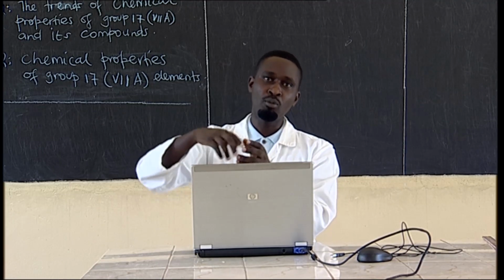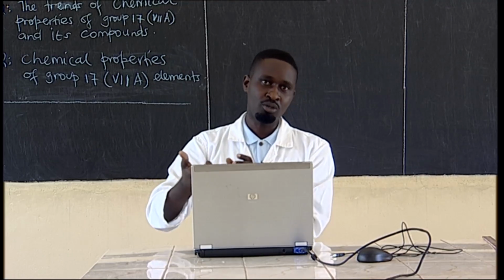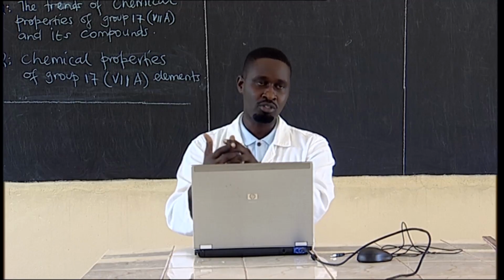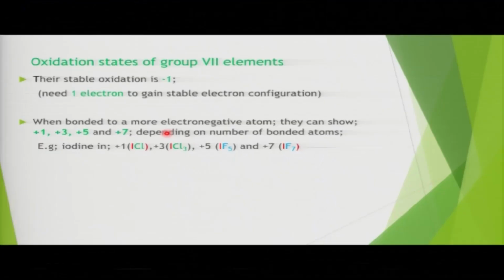But if a group 7 element is bonded to a more electronegative atom, since these are nonmetals, they bond covalently, by sharing of electrons. So sometimes you can have more than the -1 oxidation state. You can have +1, +3, +5, and +7, depending on the number of bonded atoms, and if that bonded atom is electronegative. An example is what you're having here.